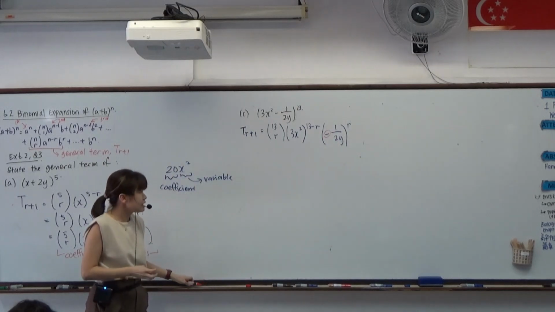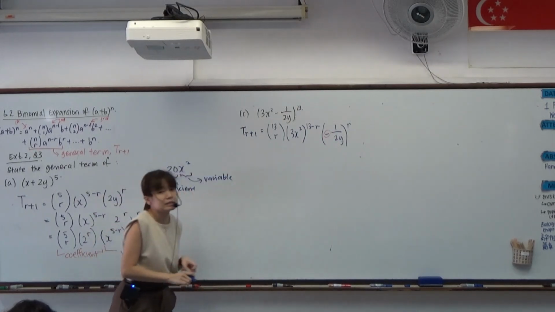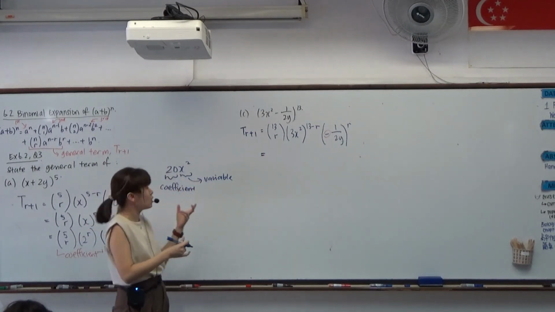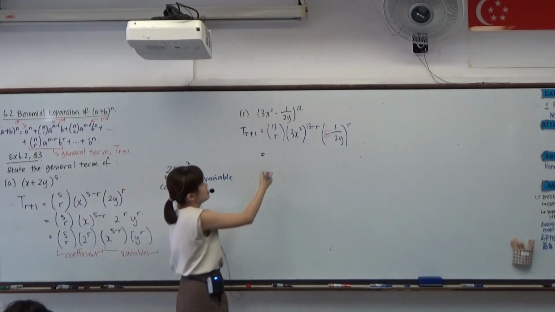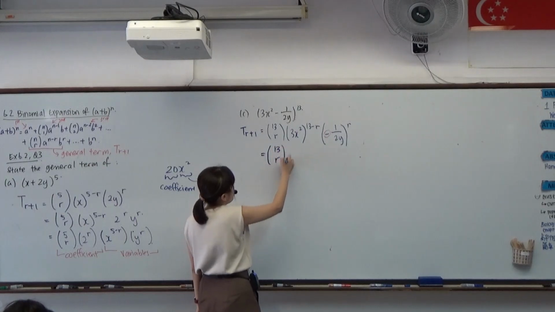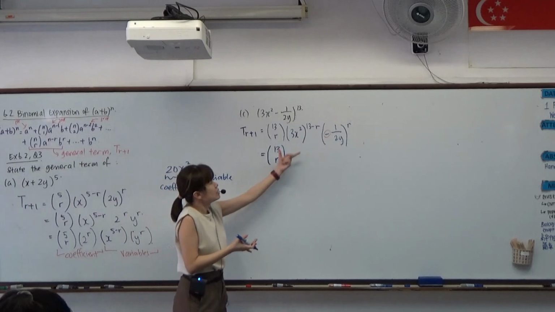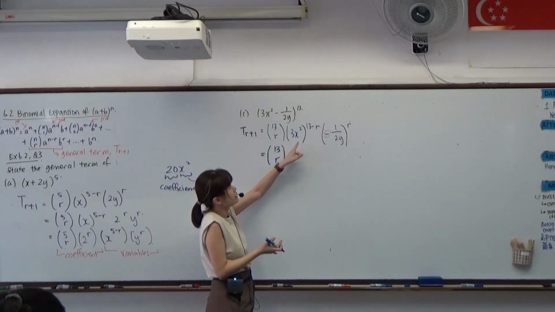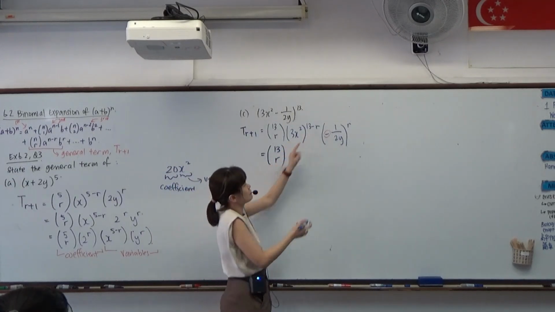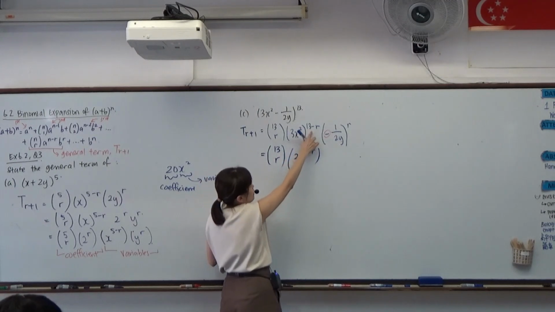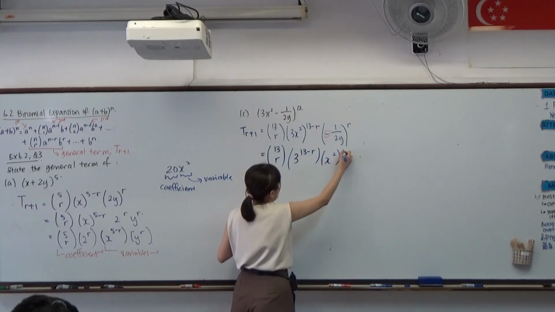Now let's work together to actually do our simplification. For our simplification, we want the coefficient and the variable section. 13 choose r will be a number if I know the value of r. This is the part that could be a bit tricky. You need to remember 3 to the power of 13 minus r, and then x squared to the power of 13 minus r.